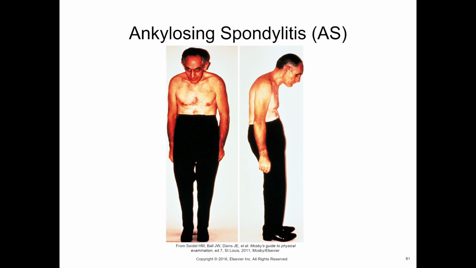You can also check chest expansion when somebody's going from a full inhale to a full exhale, looking to see how much the ribs move, because in ankylosing spondylitis, your ribs are attached to your spine. So they are also affected. You get less rib motion.